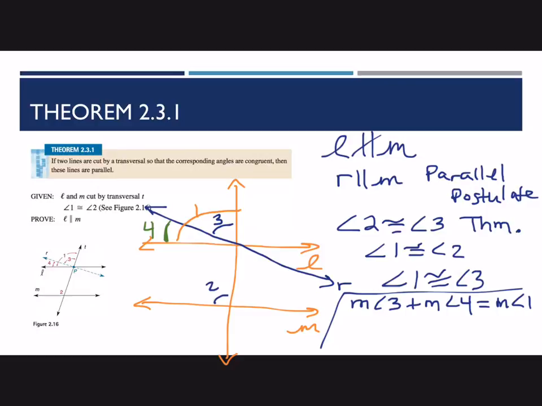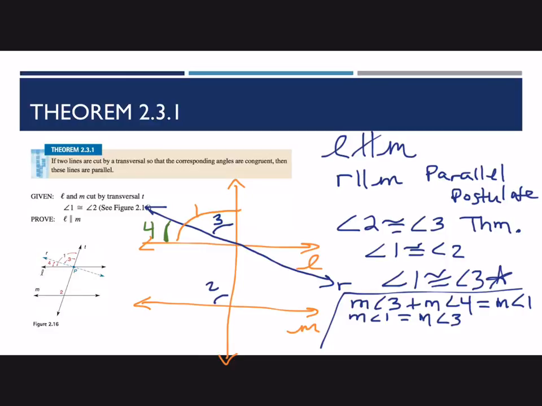Again, this is just an outline, so if we were going to do a really formal proof here, we should probably label these angles with some letters. But we'll go with this for now. So we know 3 plus 4 equals 1. And since we just said that 1 and 3 were congruent, we know that the measure of angle 1 equals the measure of angle 3.